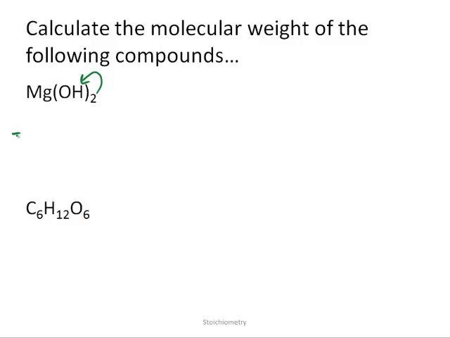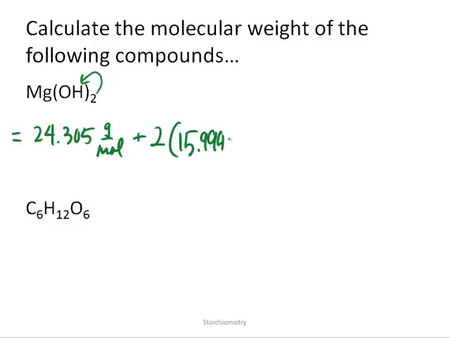So the molar mass for magnesium hydroxide would be 24.305 grams per mole plus 2 times 15.999 grams per mole for oxygen, plus 2 times 1.00789 grams per mole for hydrogen.